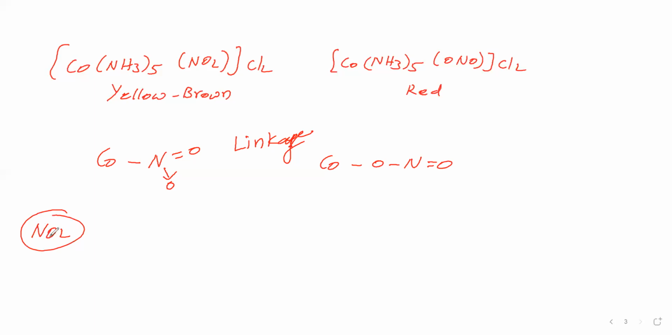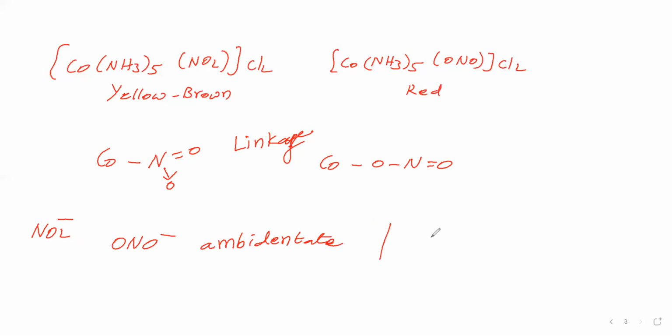Now we will take the ligands NO2 minus and ONO minus. Molecular formula same, but here donor is N, here donor is O. Therefore, these two are called ambidentate ligands. Ambidentate ligands will show linkage isomerism.